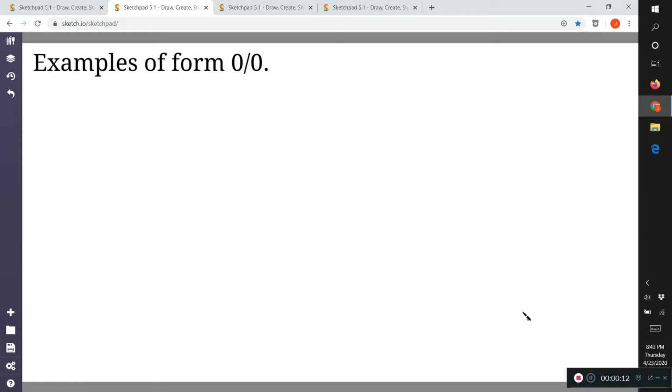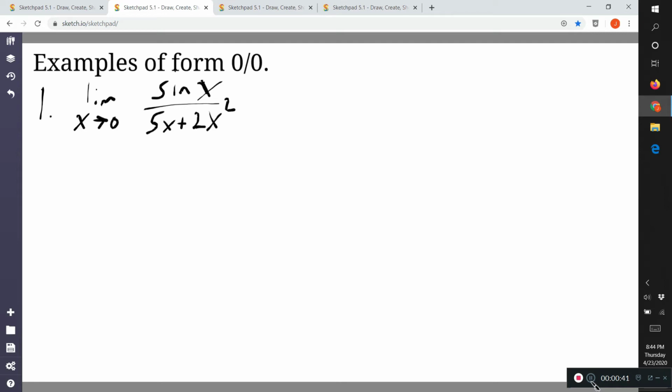So example number 1, let's say we have the limit as x goes to 0 of sine x over 5x plus 2x squared.